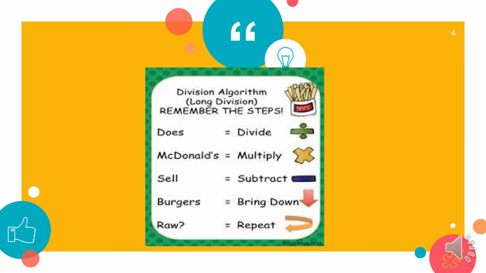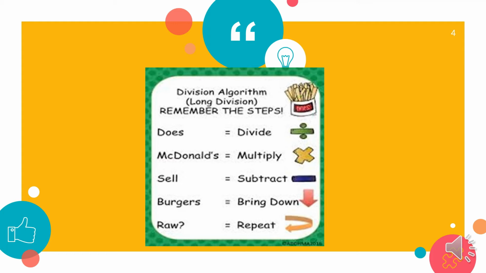And there I've included a phrase that will help us remember the steps to divide properly. So the phrase goes, does McDonald's sell burgers raw? We are going to take the first letter of each word in that phrase, and that's going to guide us into the steps. So the word does, we take the letter D to remind us to divide first.